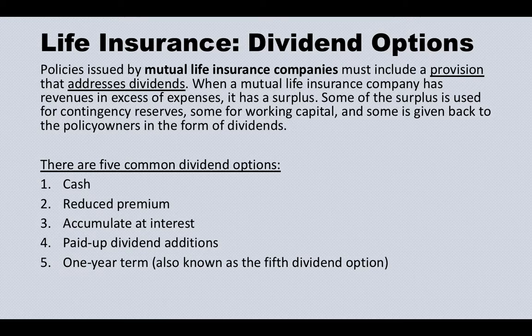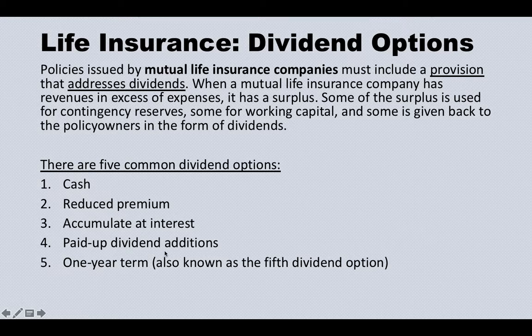Accumulate at interest: we put your dividend aside so that it is invested and earns some interest. In that case, the interest earned on the dividend is taxable. So this is the option.